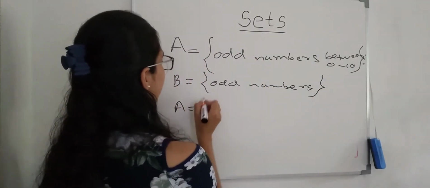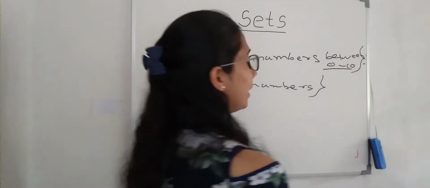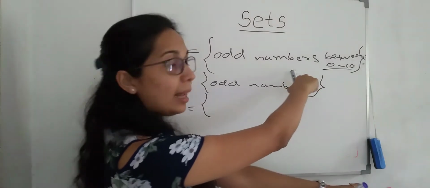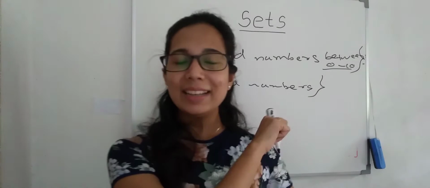So what are the elements in the set A? Odd numbers between 0 and 10. You can see here there is a limitation, but there is not for set B, right? You can clearly see that.